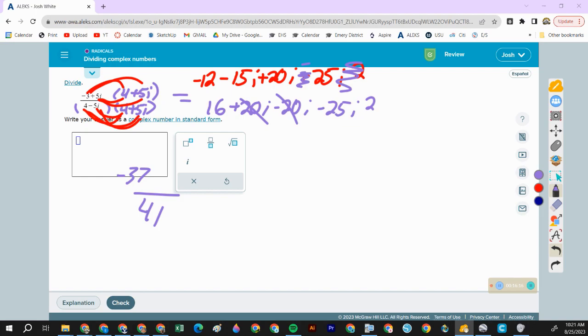And negative 15i and positive 20i make plus 5i. And we double check. Do these have anything in common? No. So that is considered a simplified complex number. So I had i's in 2 places, and now I only have an i in 1 place. Do you want to see another one of those?